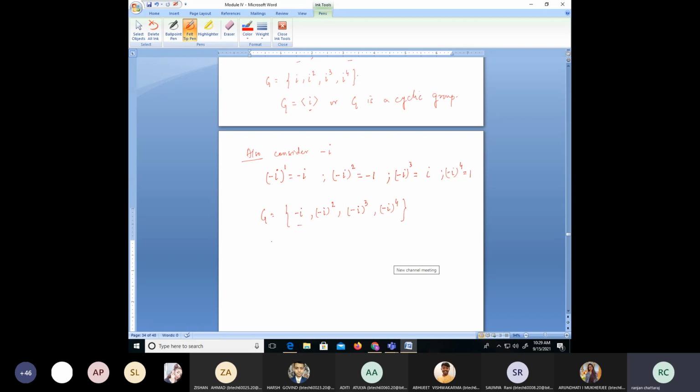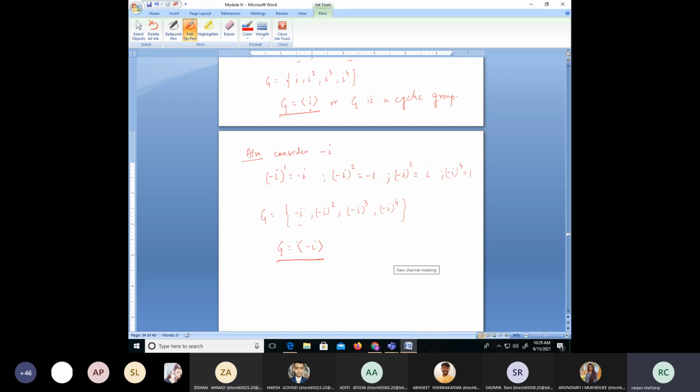So again G can be written as a cyclic group with respect to the generator minus i. So the generator is not unique. We may have more than one generator. Is it clear?